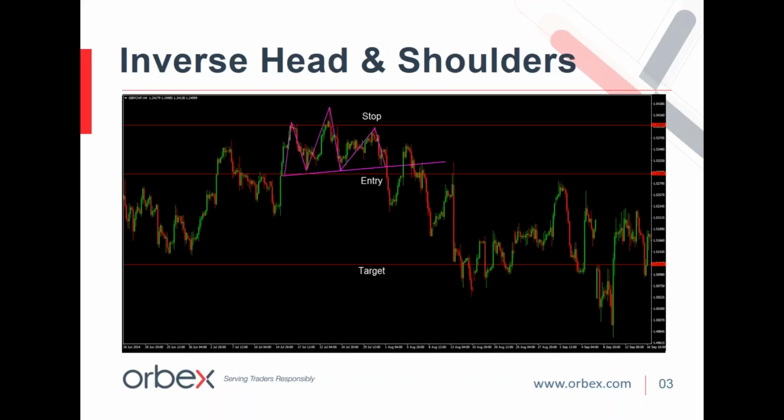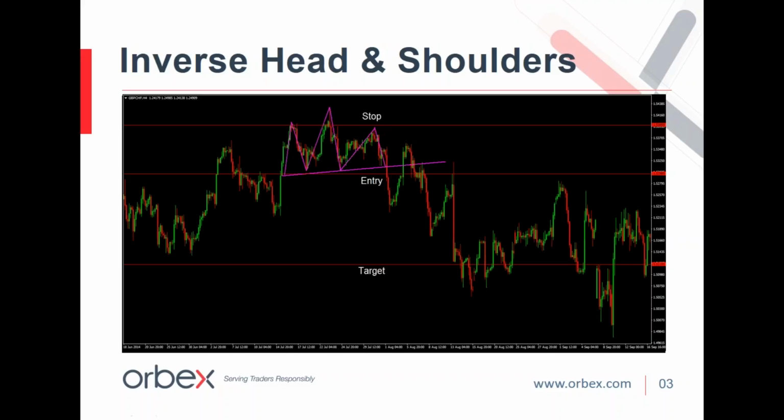Again, if we're simply looking to enter as price pierces the neckline, then oftentimes you can leave yourself vulnerable to a false breakdown. So for as much as possible, look to wait for a candle close below the neckline before going short.